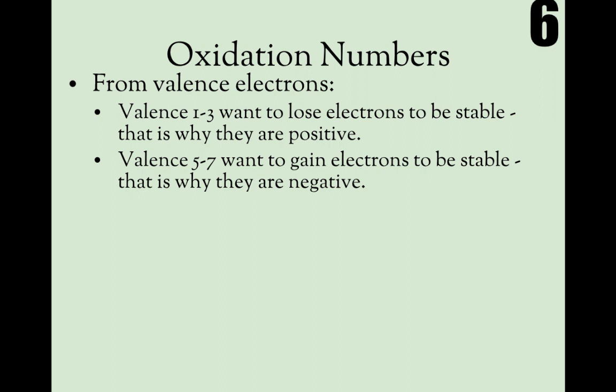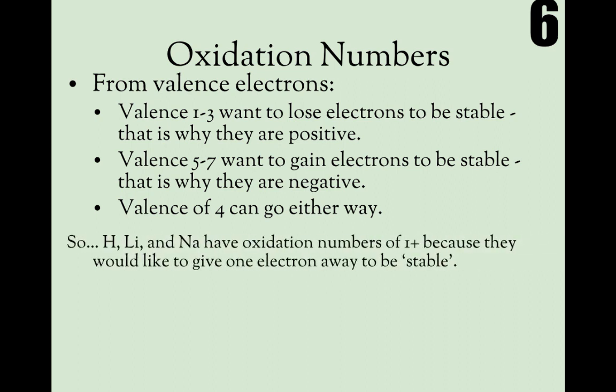That's why they're negative, because remember, electrons are negative. They want to gain more negative things. But a valence of 4 can go either way, okay? Because it can either be positive or negative, and we try not to play with those very much.